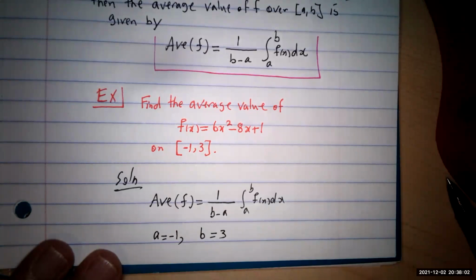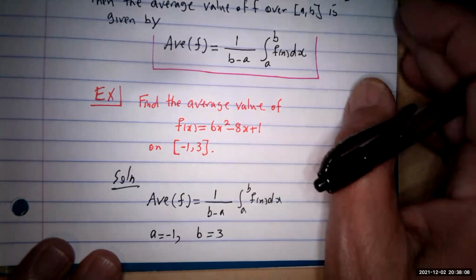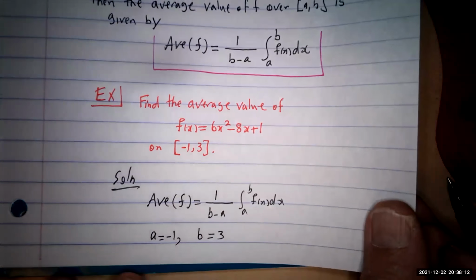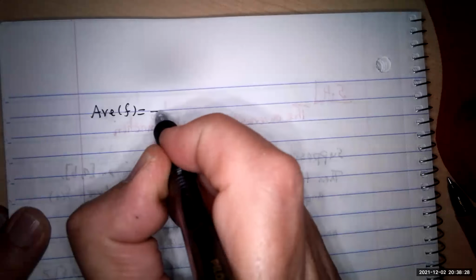So form your integral. Okay, are you done? I have to go to the next page to explain it. So from -1 to 3, this is going to be the formula for this case. We start with the average value. The average of f is going to be 1 over b minus a.